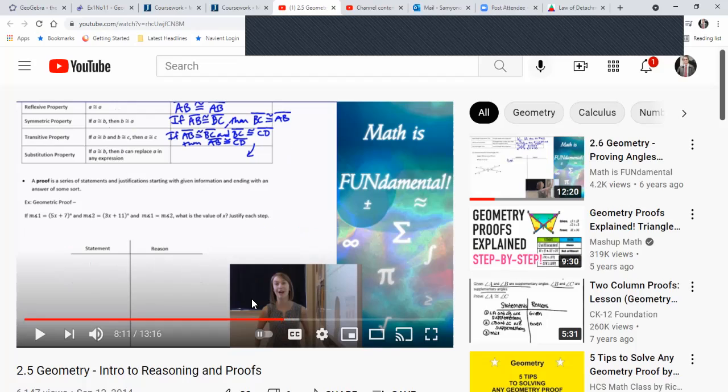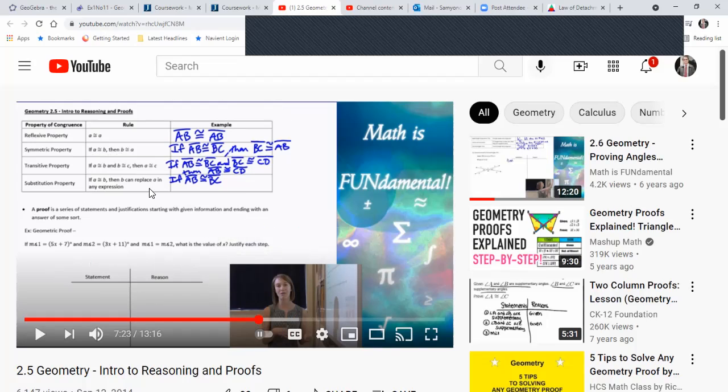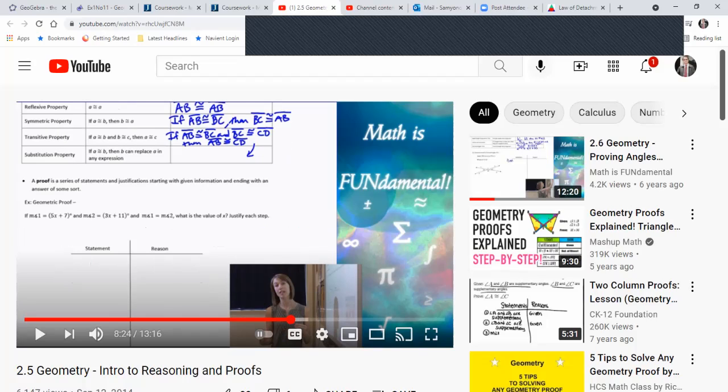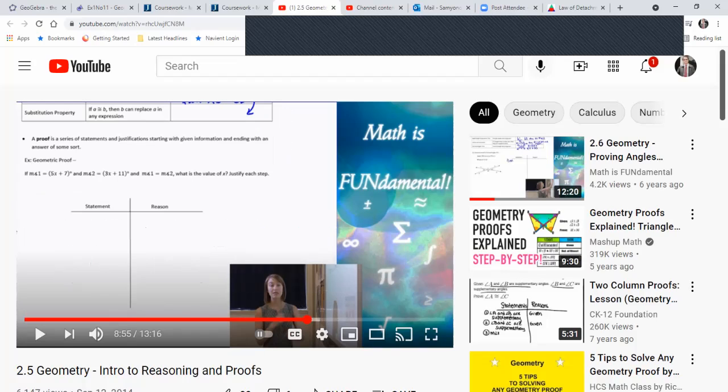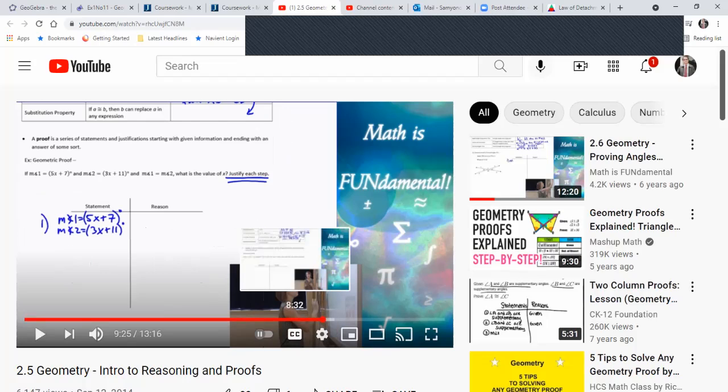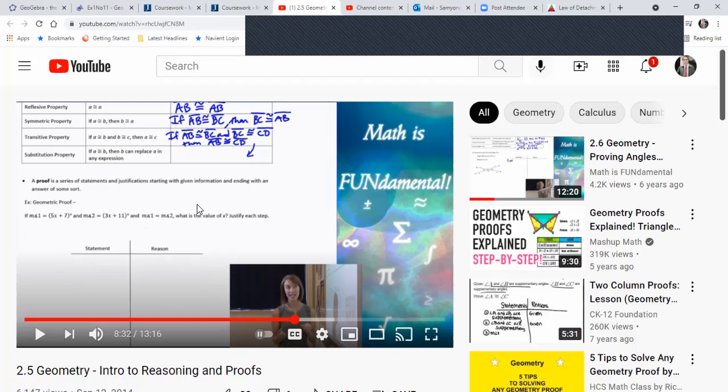Yes, sir. So you have more. Okay. So 1, 2, 3, 4. No, I think it's 4. Sorry, yeah, I think it's 4. So you have reflexive, symmetric, transitive, and substitution property. Only 4. Okay. Sorry.